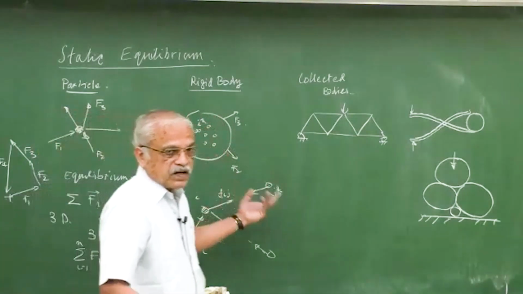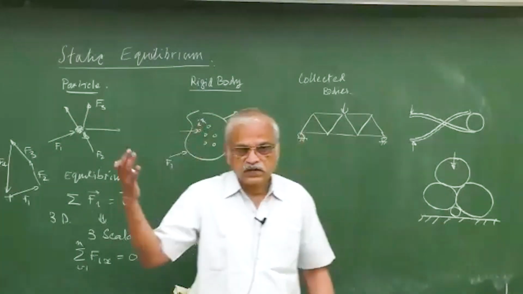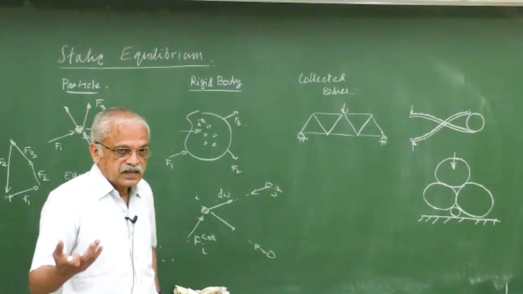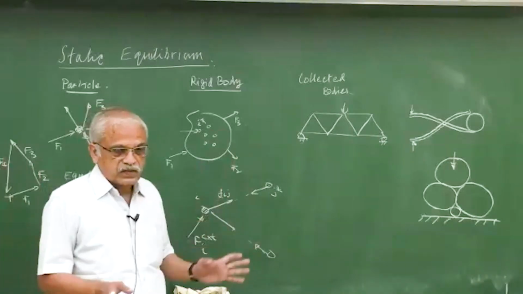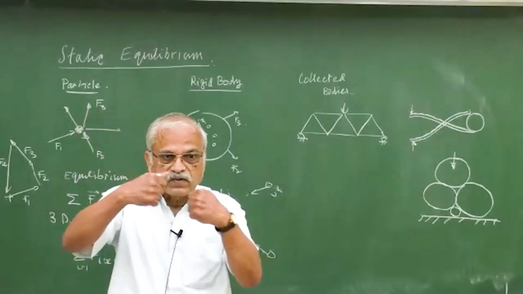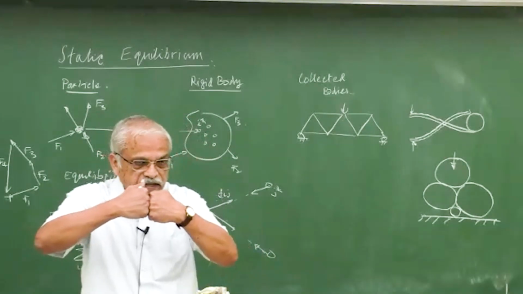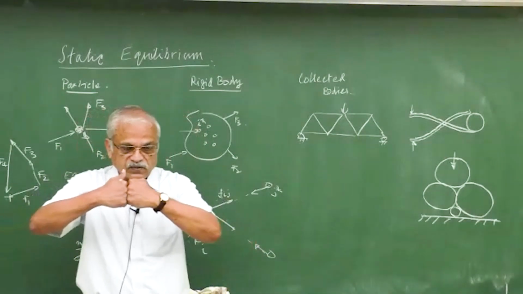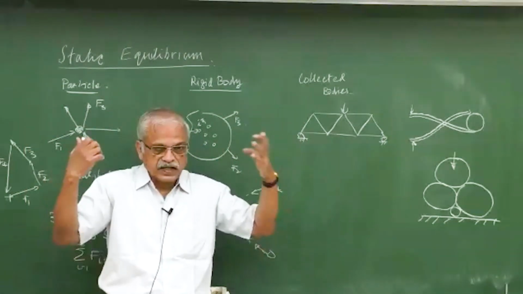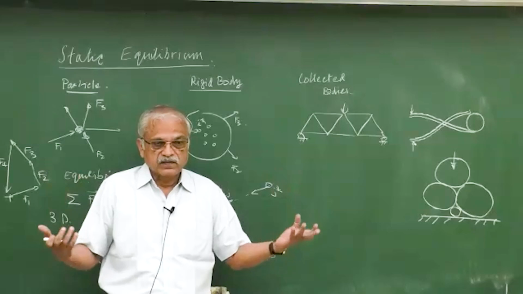We know there are many kinds of forces. We don't go into all kinds of forces. There are 4 types of forces, but let's not go into that. There are forces because of contact: if two bodies are in contact, we call them contact forces. On the other hand, we also have forces generated by fields, by potential fields.